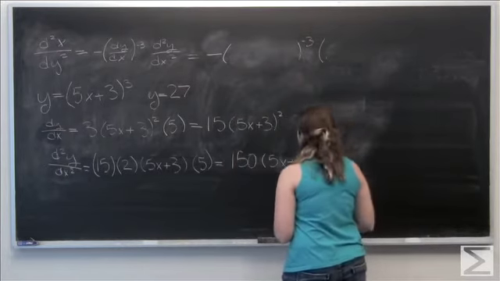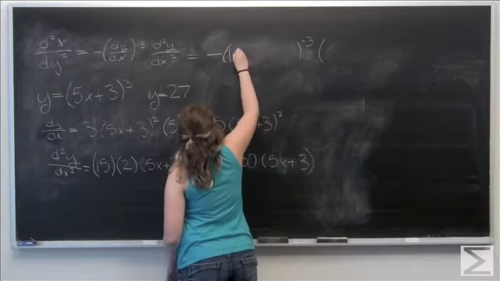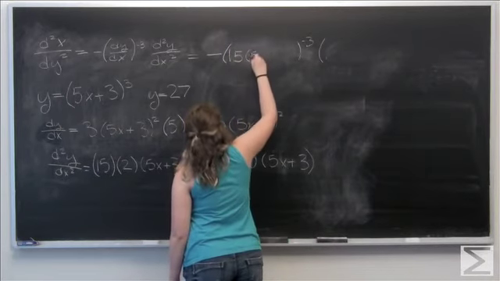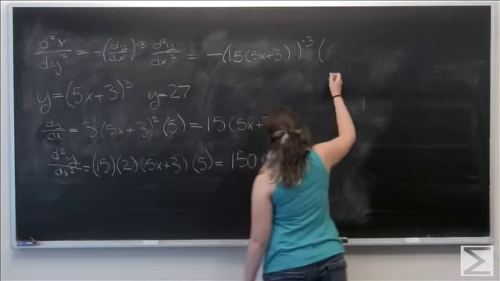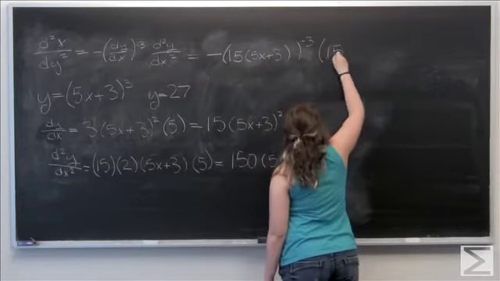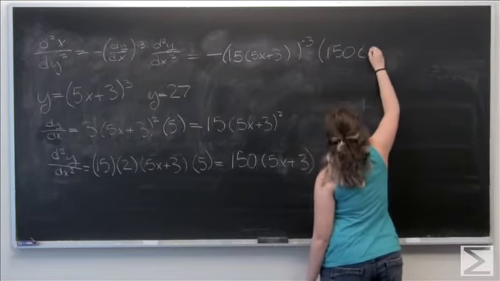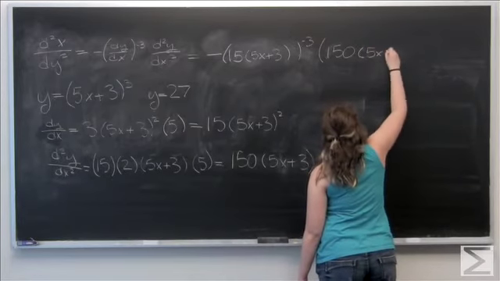This is (5x + 3) cubed, and this is 150 times (5x + 3).